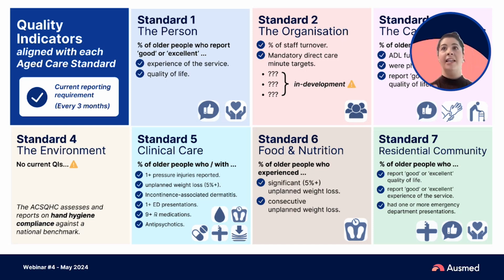So you're already collecting data. Every 3 months, you're already able to access that. You're already able to see, in relation to this mandatory quality indicator, which relates to this standard, where you're going well or what areas of improvement you might need to look at. So I wanted to encourage you to try and tackle education on the new standards by looking at your quality indicator data.